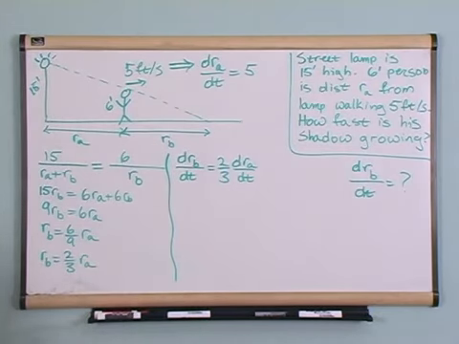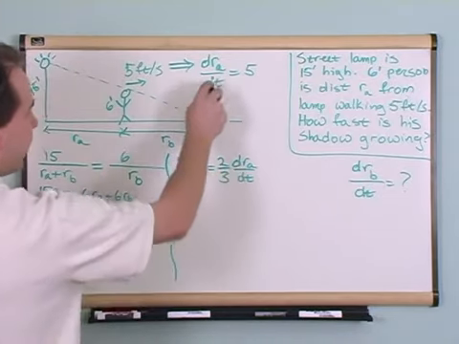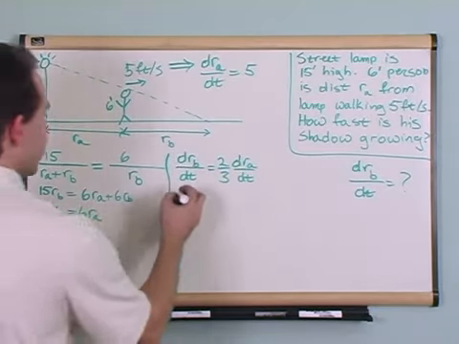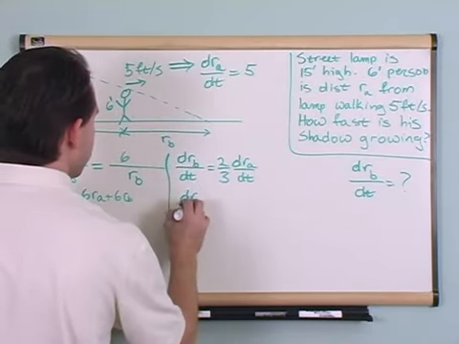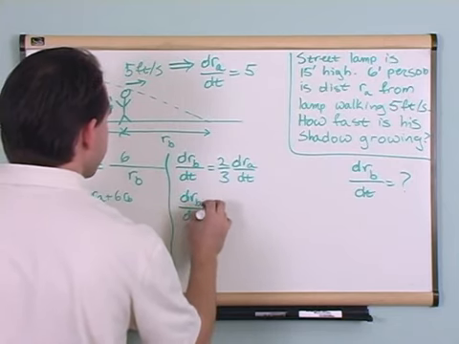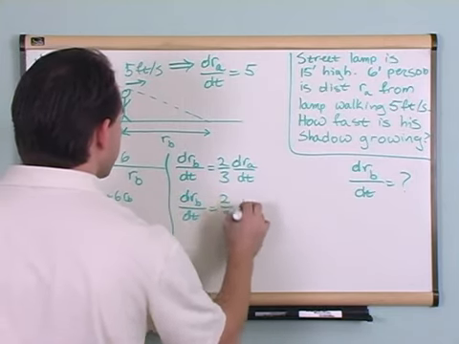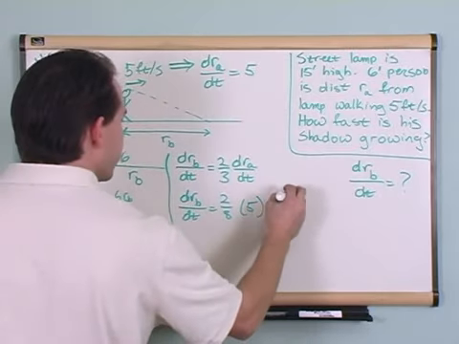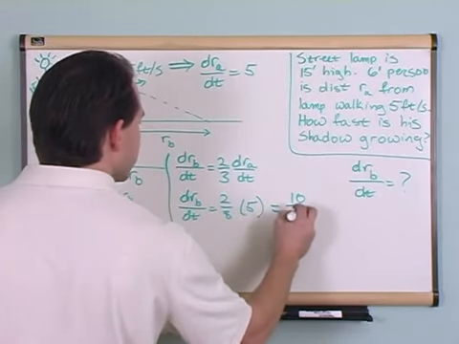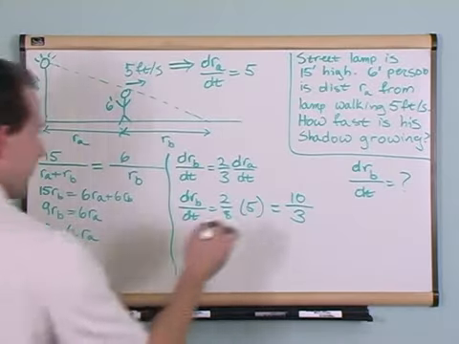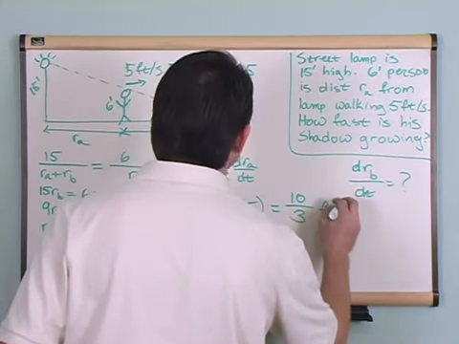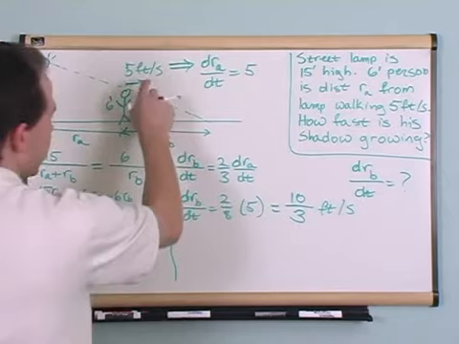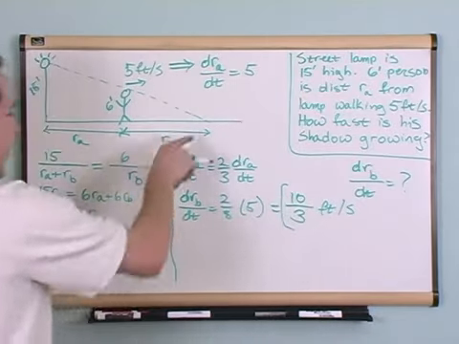But look, we know what dRA/dt is, it's equal to 5. So dRB with respect to time is equal to 2/3 times 5, because that gets plugged in there. And so you'll have 10/3. And that'll be feet per second, which is the same units as here. That's how fast the shadow grows.